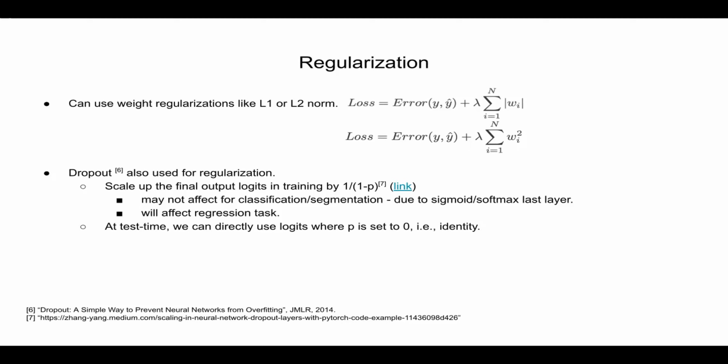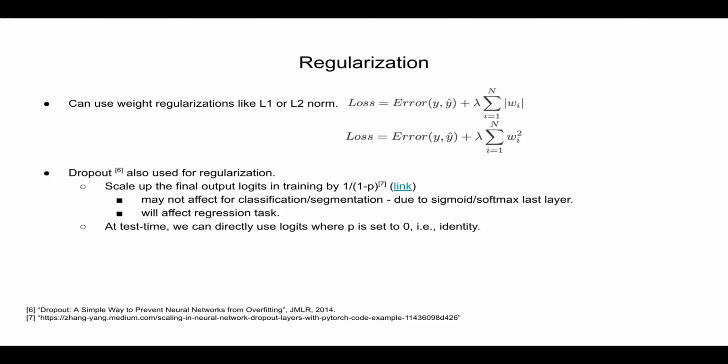One thing to note here is that with dropout, you switch off some neurons in training, so the output does not have the same scaling factor as you would observe at test time. To counter this, you want to scale up the final output logits by a factor of 1 minus P, where P is the probability of dropout.